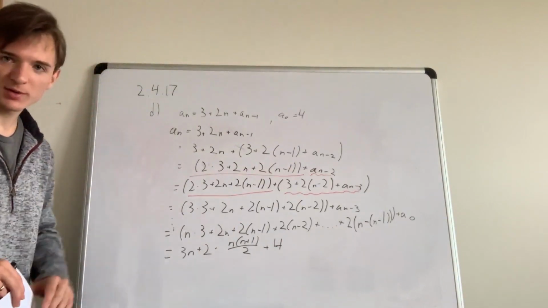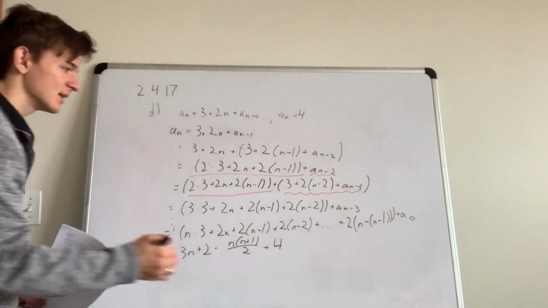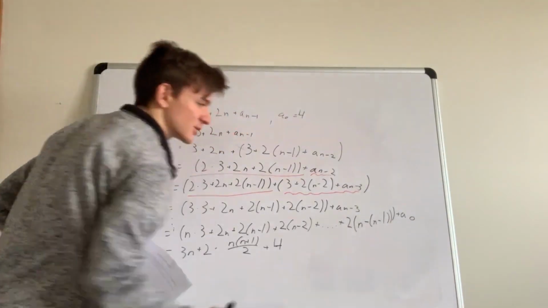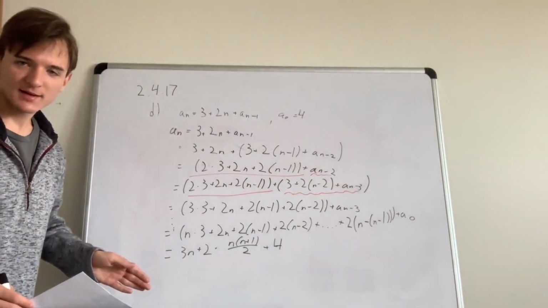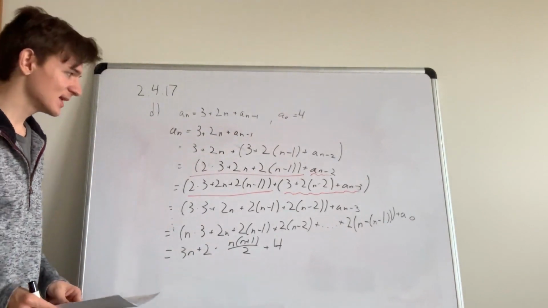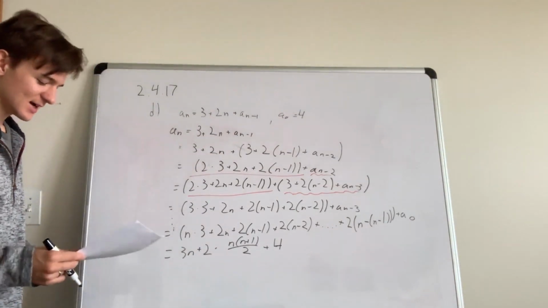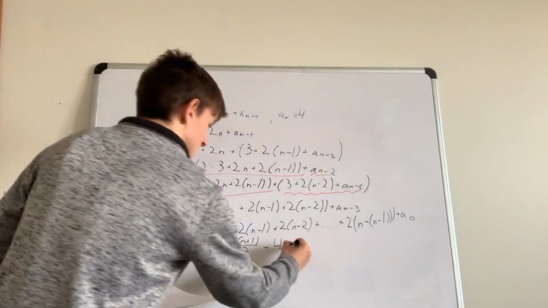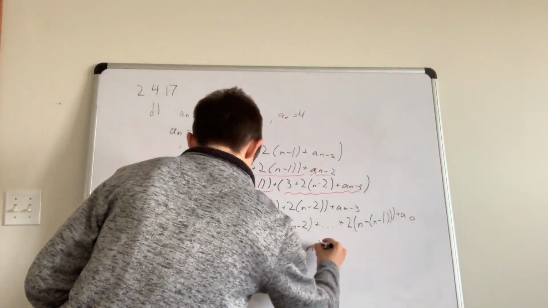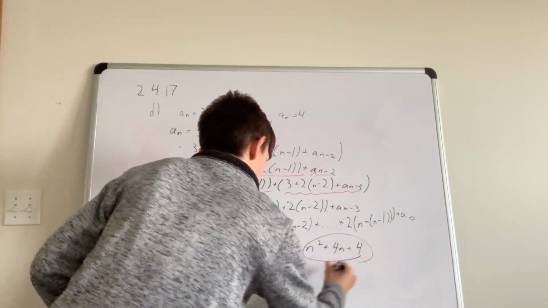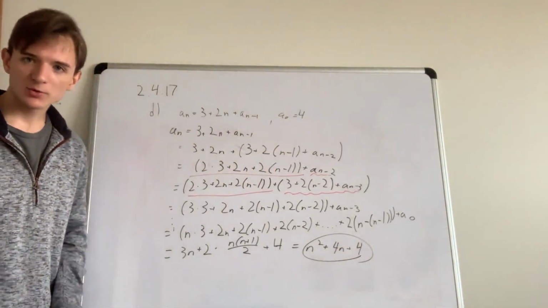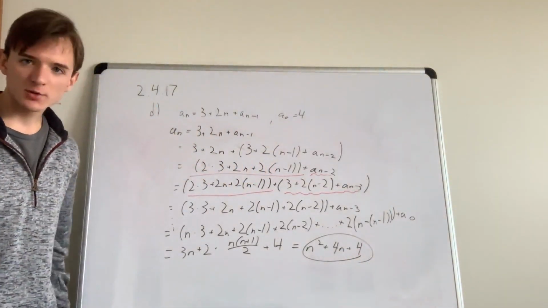Doesn't really match up with the geometric sequence. This plus 4 comes from the initial condition, a of 0, which is very hard to look at, I understand. It's hurting my head right now, I assure you. But all of this just simplifies to n squared plus 4n plus 4. And that would be our solution to our recursion relation.